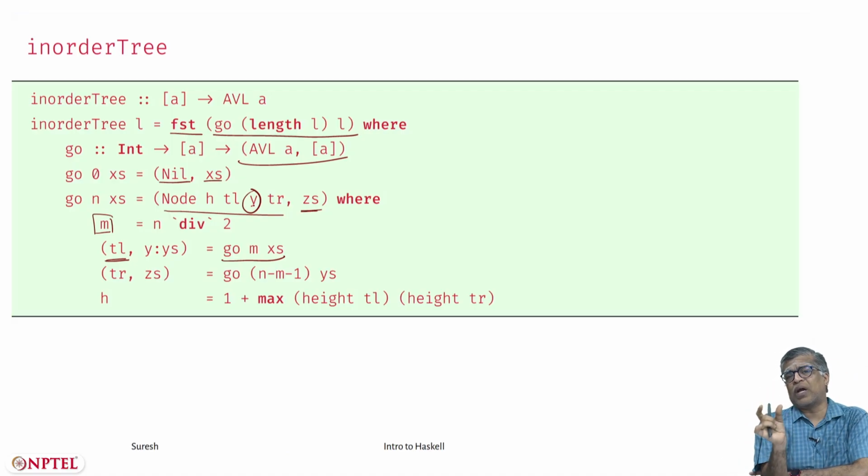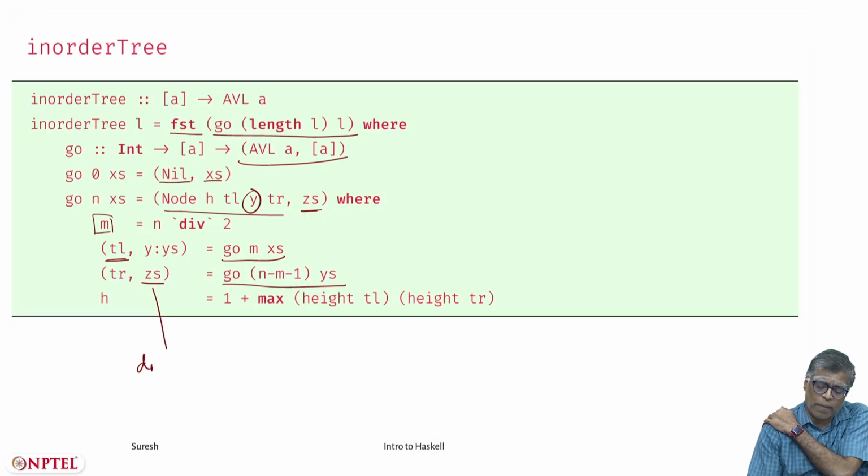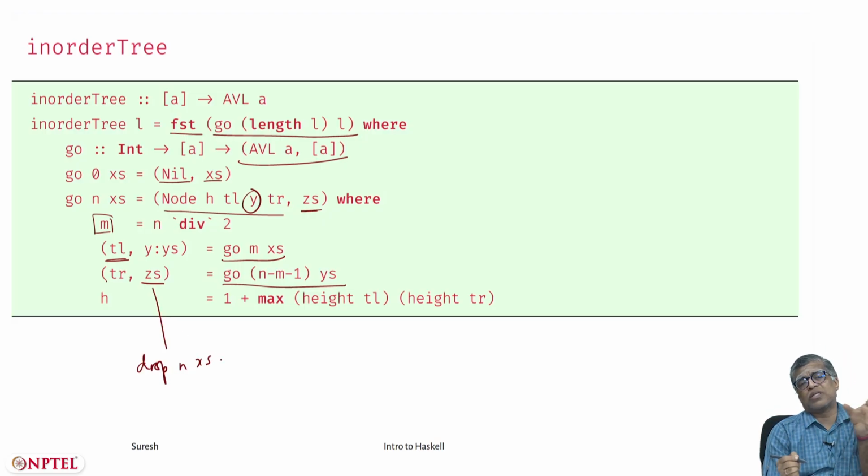Now if I pick n minus m minus 1 elements from this, that will add up to the n elements I wanted originally. So I do go n minus m minus 1 ys, which leaves some elements that I call zs. This will clearly be drop n of xs, and tr will be the tree that I create from these elements.